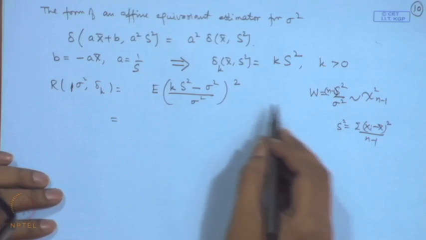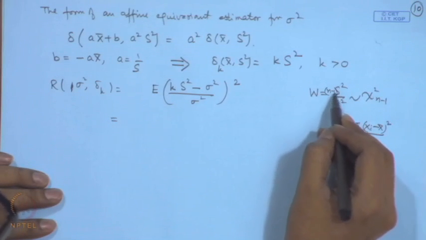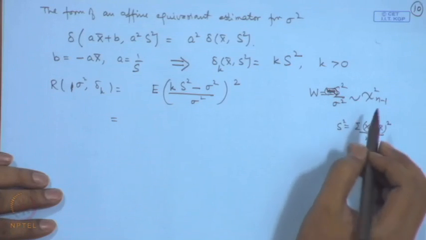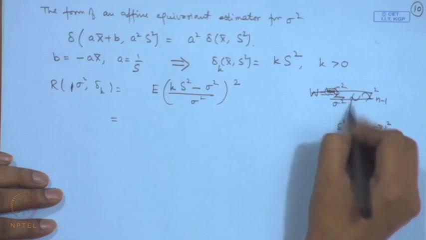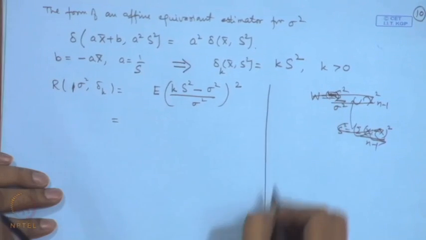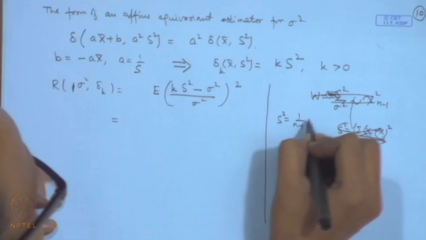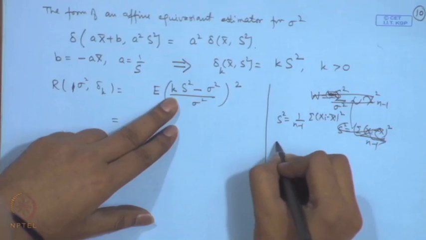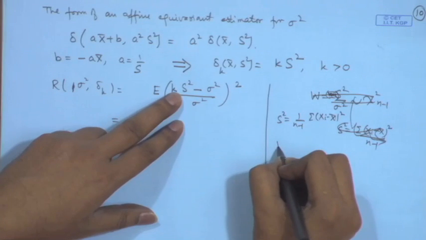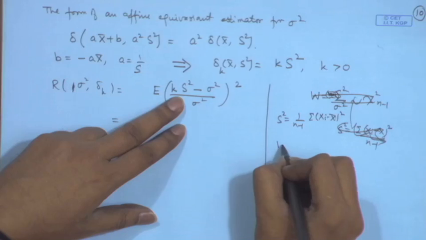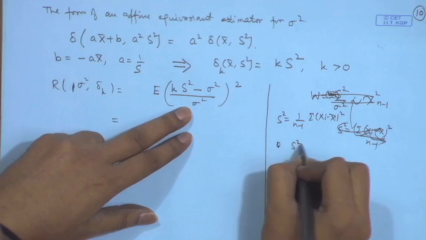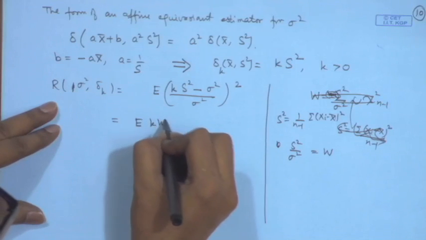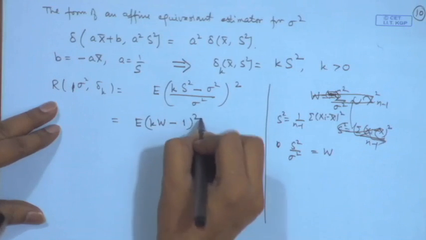So, let us use the notation s square equal to 1 by n minus 1 sigma x i minus x bar whole square, and let us write s square by sigma square as, say, W. Then this is reducing to expectation of k times W minus 1, whole square.